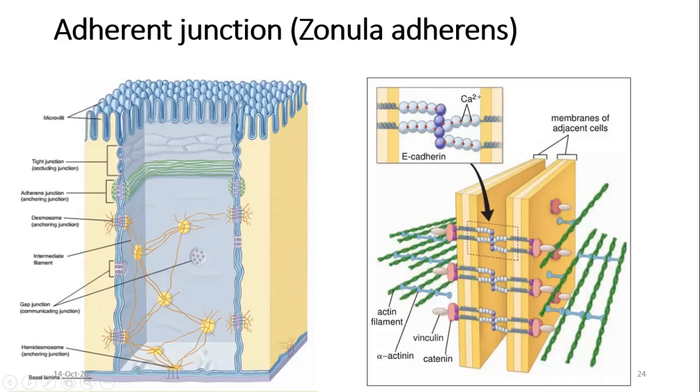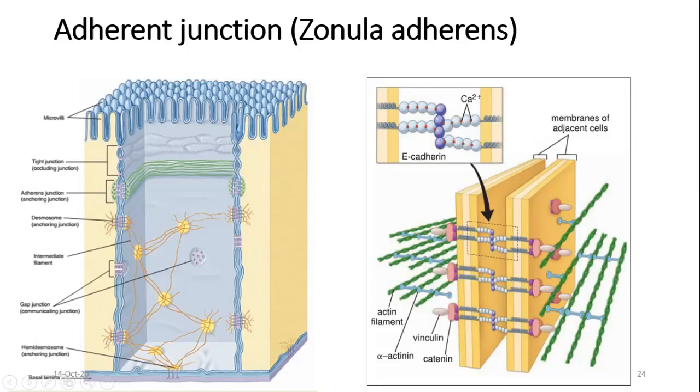This is the cytoplasmic site, and this is the intercellular region. And we see this is the adherent junction composed of E-cadherin protein bound by calcium, and on the cytoplasmic site we have catenin and vinculin.